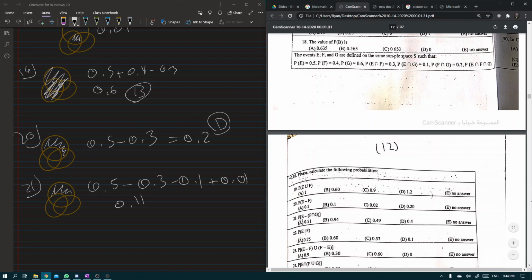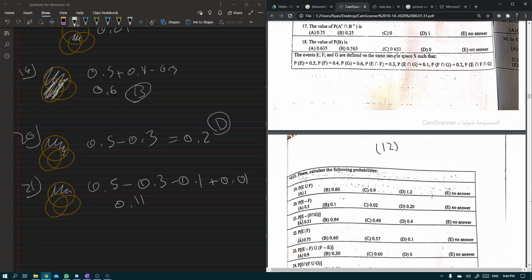Look, this is E, and this is F intersection G. So E without F intersection G, it's all this.